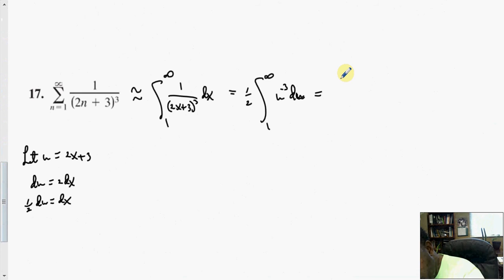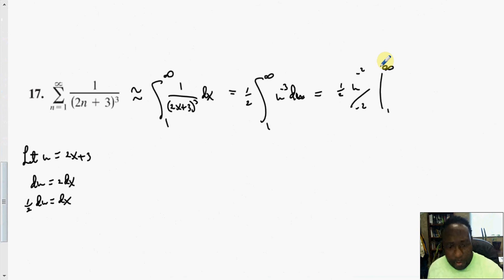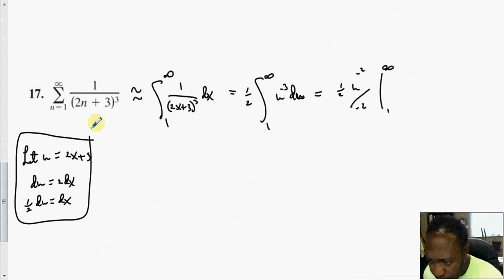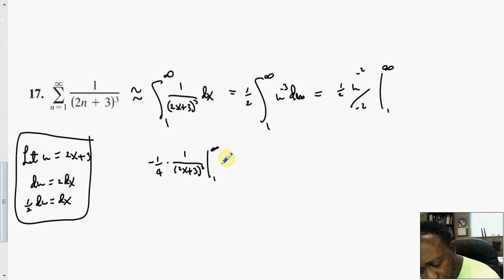And so here we get 1/2 times u to the negative 3 plus 1, so we get negative 2, divided by negative 2, evaluated from 1 to infinity. So this is negative 1/4 times 1 over u squared, but u is 2x plus 3, squared, evaluated from 1 to infinity.